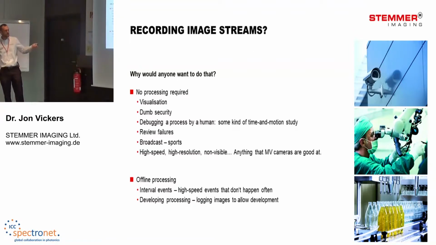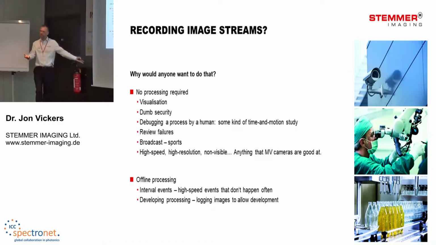And then finally, the things that machine vision cameras are good at that other cameras are not so good at. So this is the high speed, the very high resolution, accurate triggering, and things that are not visible. You know, the infrareds, the thermal, and things like this. Or offline processing. So you're not having to process in real time, but maybe you have an event that happens and you'll process sometime later.